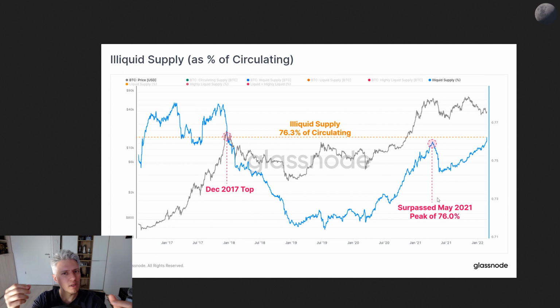So there seems to be a kind of supply shock forming on the exchanges where you don't have enough coins, and there are some crazy geopolitical developments where people might be very, very interested to buy Bitcoin, but you don't have much Bitcoin on the exchanges. That means that there is a high potential for bullish outbreak.